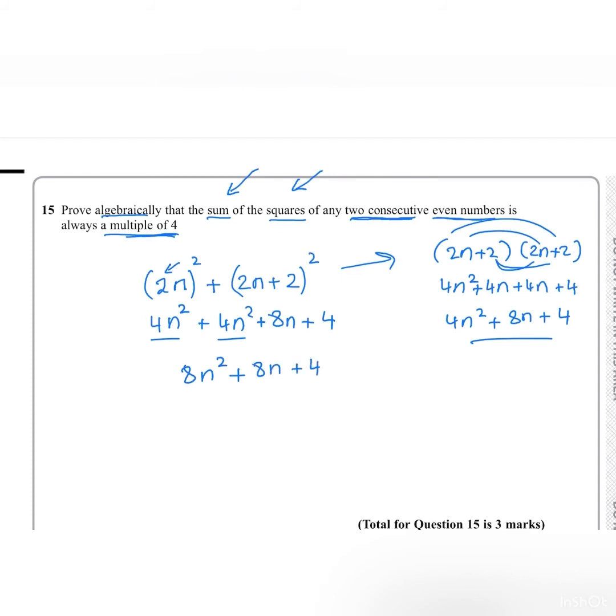Okay, so is this a multiple of 4? Well, if we can take 4 as a common factor of all three terms, it should be a multiple of 4. So, but I can see that from here, that 4 will go into all of these terms. So that'll be 2n squared plus 2n plus 1. So 4 is a factor. So therefore, the sum of the square of two consecutive even numbers is always a multiple of 4.